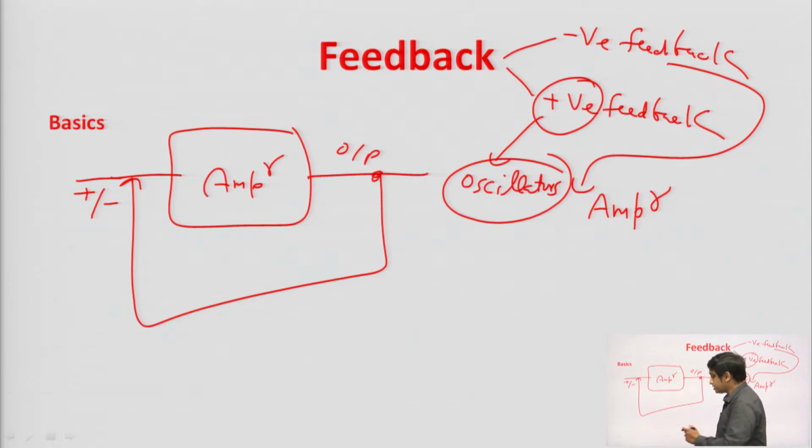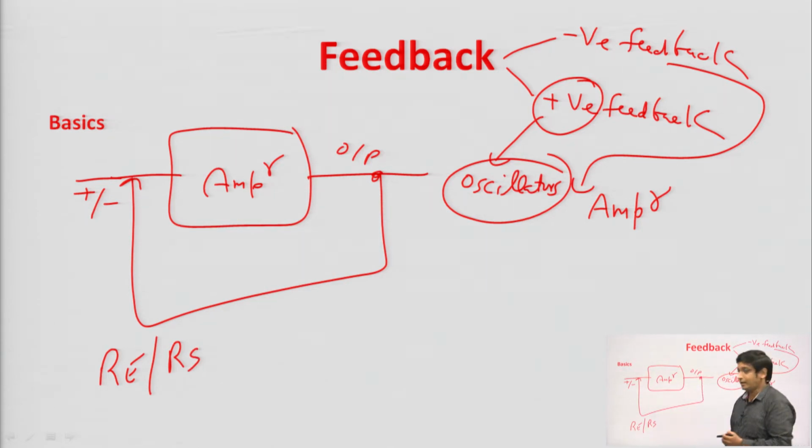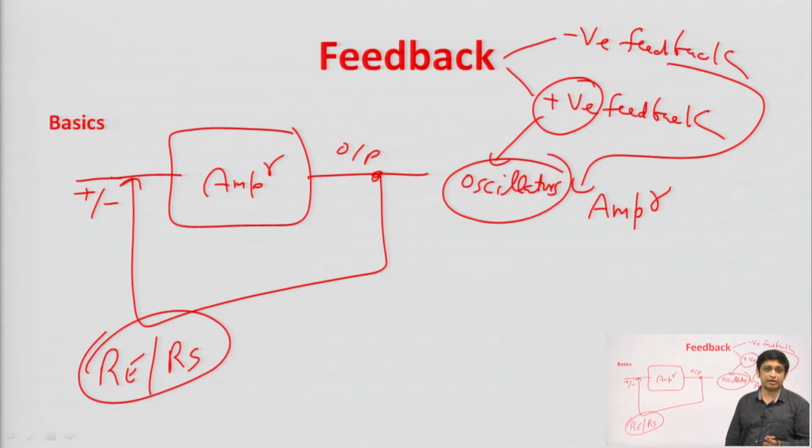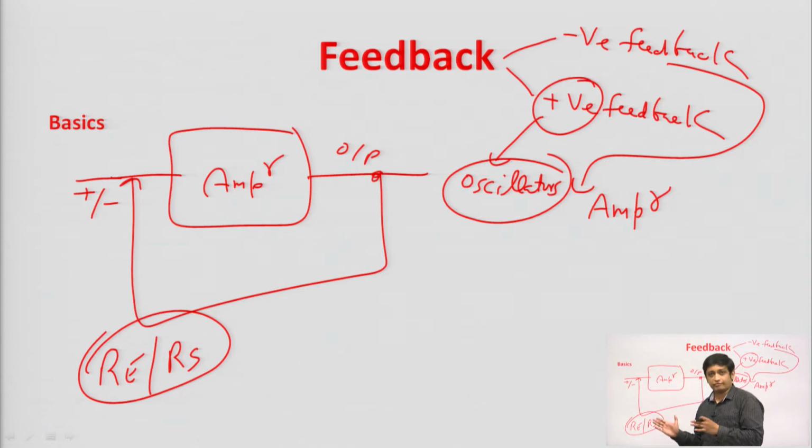There we have used a resistance Re at the emitter terminal and resistance Rs at the source terminal of MOSFET, and the function of that Re and Rs in BJT and MOSFET amplifiers is it provides negative feedback, and the advantage is that because of it the bias current does not change, the bias current is stabilized. That is the function of negative feedback. This is one application that we have already learned in unit 1.